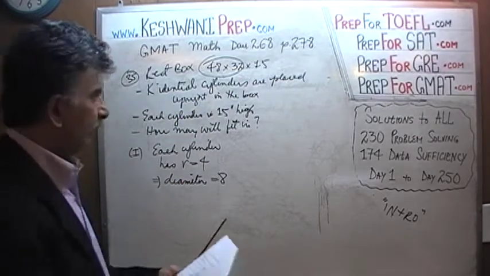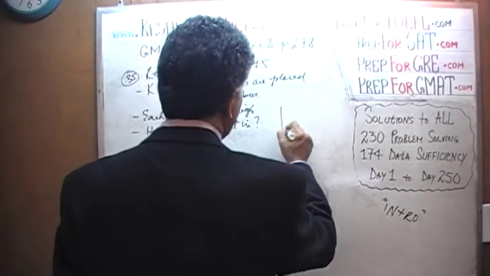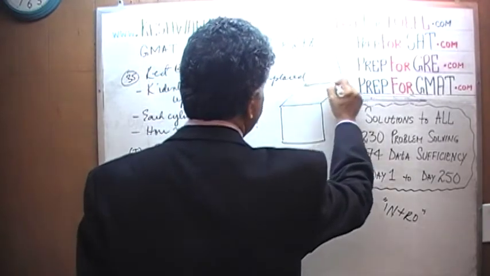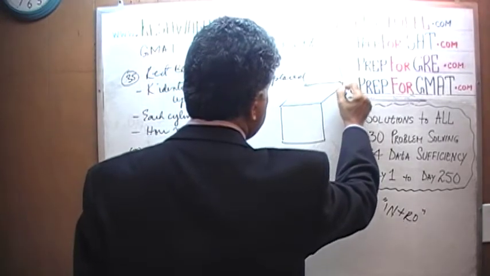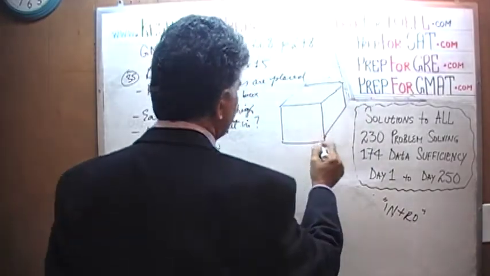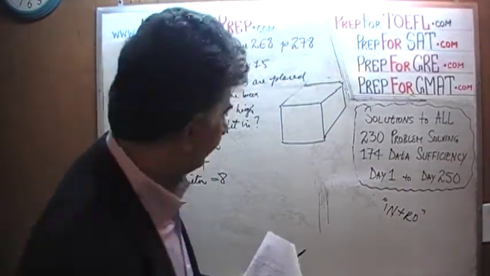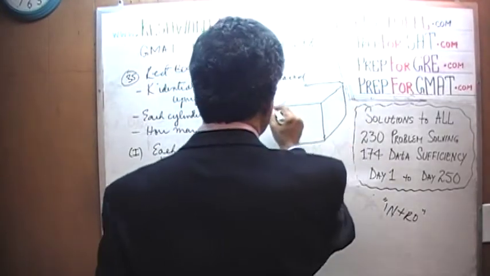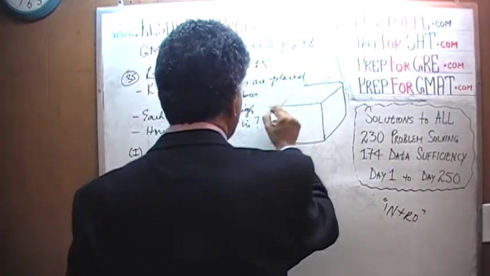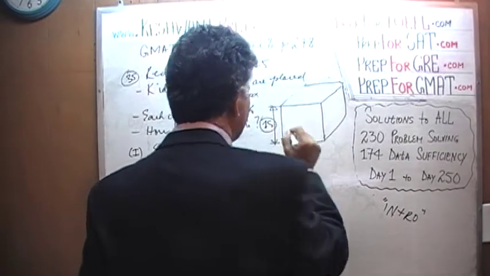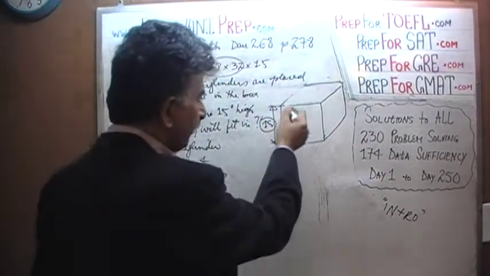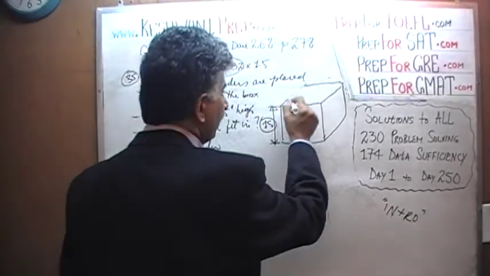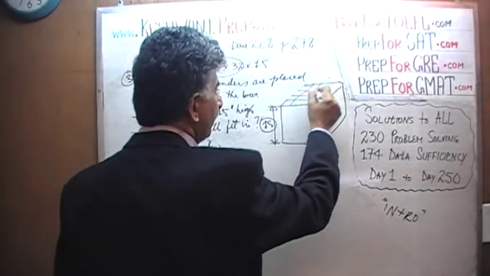This is our box here. The height is fixed. This is 15 because the cylinders have to be put this way, since that's the height of the cylinder.